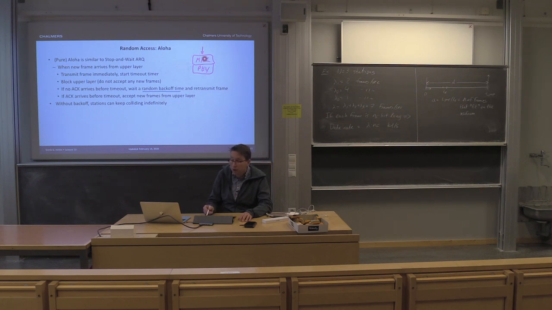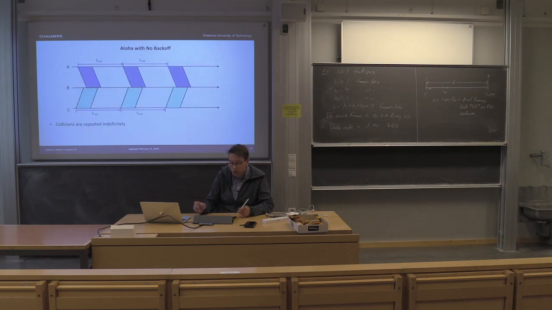So, frame arrival, we transmit that, we block the upper layer, we start a timeout counter. If we get an acknowledgement back, everything is okay, we can get the new frame. If the acknowledgement doesn't arrive, then we have to retransmit, but we retransmit after a random backoff time. Without this backoff, stations can start to collide indefinitely. So that's why we need this.